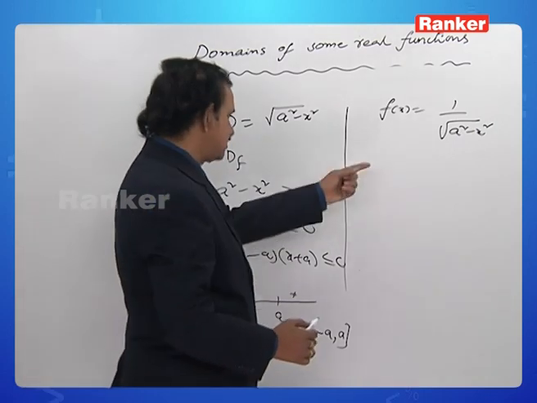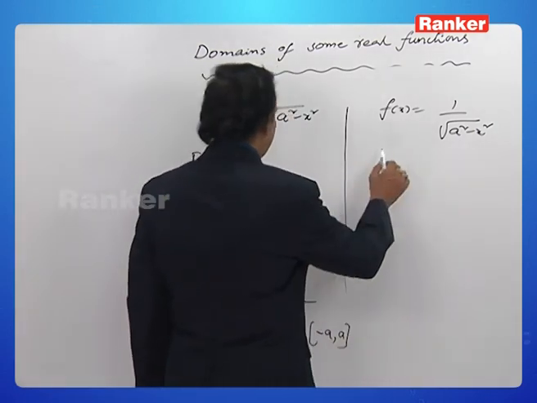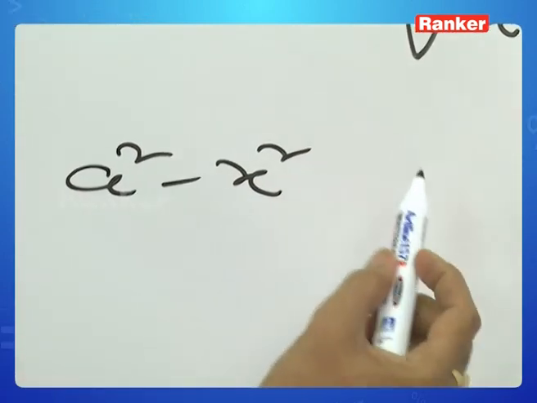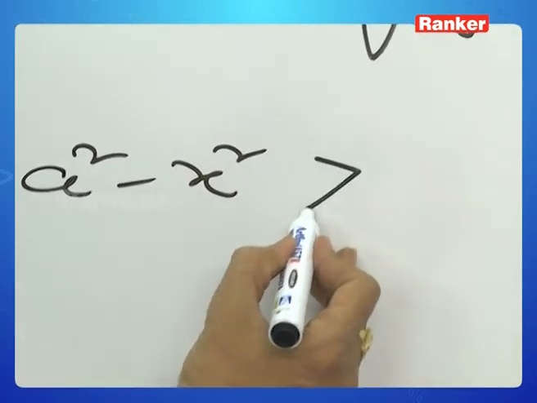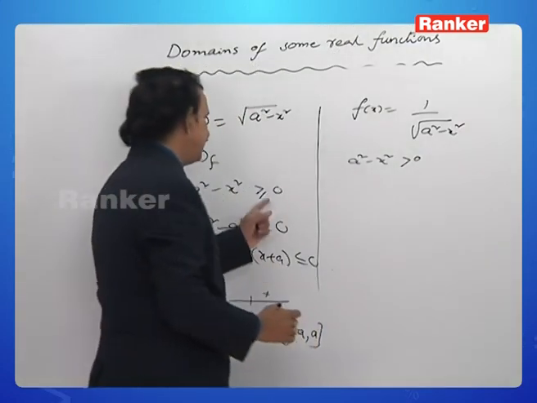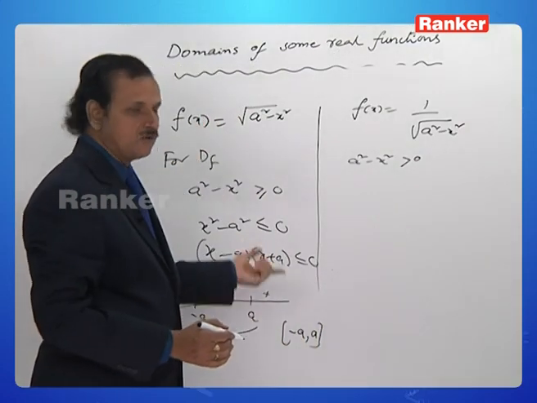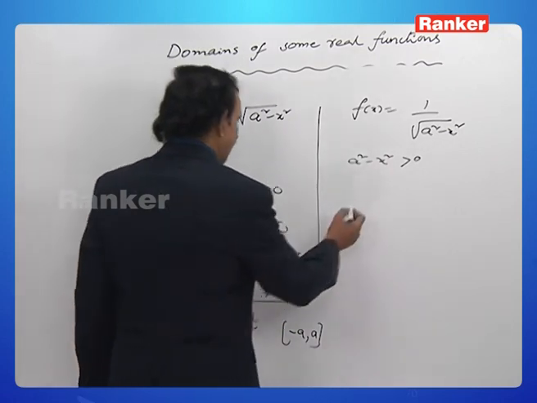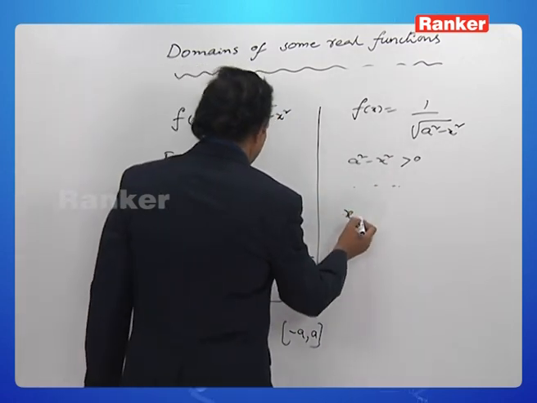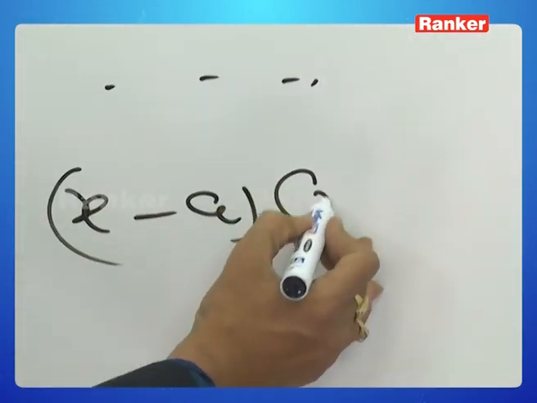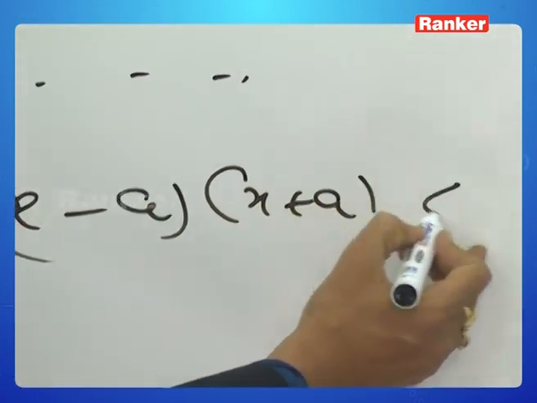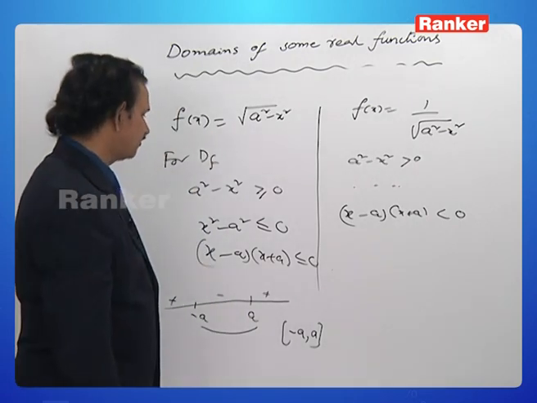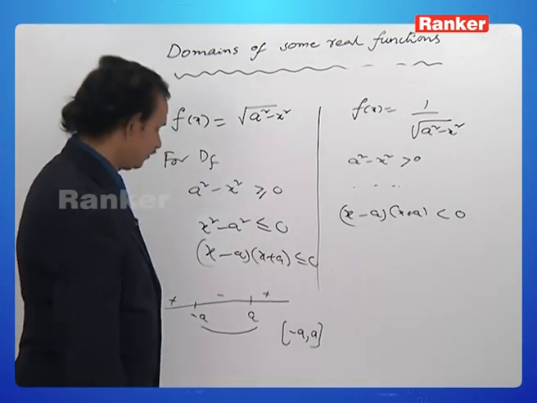Well, let us consider the same case here. For the domain of f, a square minus x square is greater than 0 or greater than or equal to 0? Here, equal to 0 is allowed, but here it is not allowed. As a result, at last we shall have x minus a into x plus a strictly less than 0.